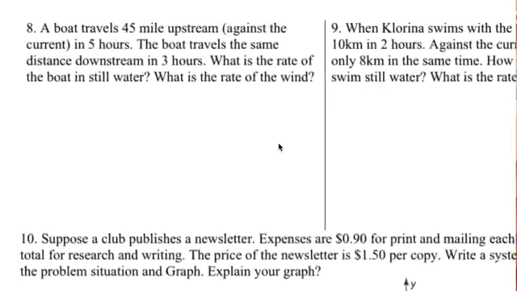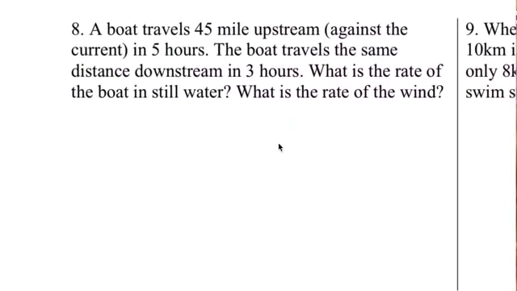Okay, number 8. A boat traveled 45 miles upstream, so equals 45. It's going upward, so it's a minus. So the boat average minus P, speed going up. I don't want to use U, it looks like some other number.